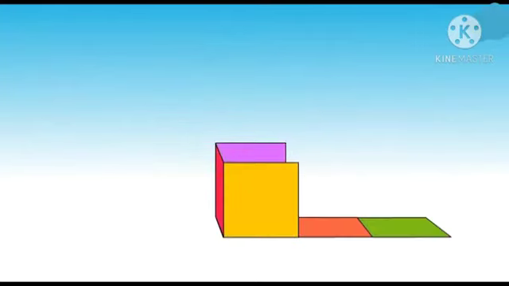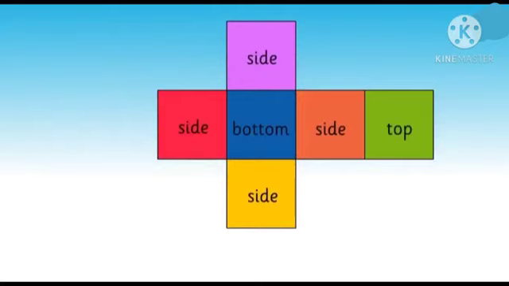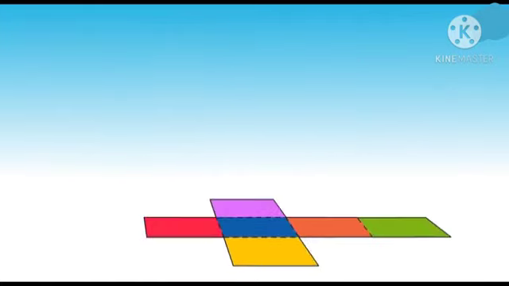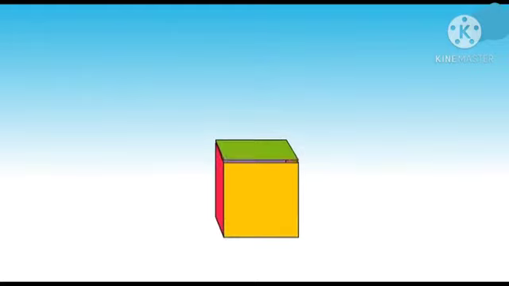Let us see a few more examples. When we open a cube, it will appear flat and 6 squares of equal sides are shown. This is the 6 square net of a cube. When we fold the squares along the dotted line, we get a cube. Now, remove the top part, we get 5 square net of a cube.